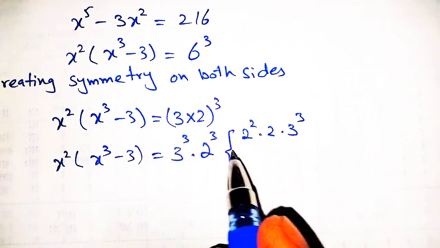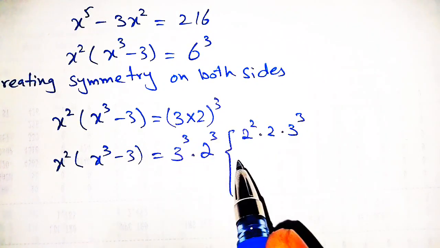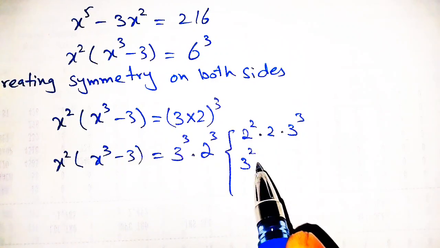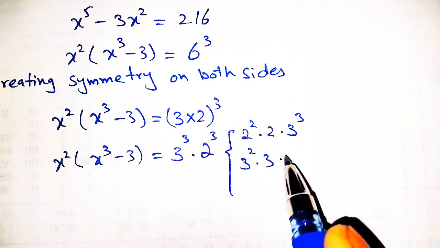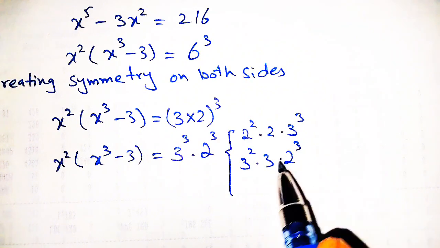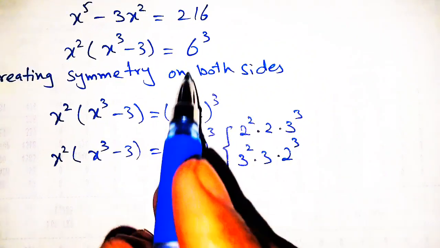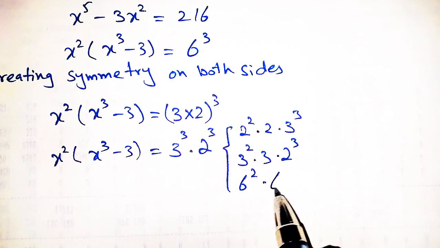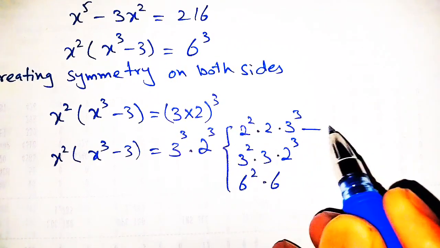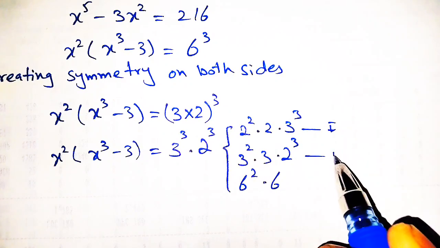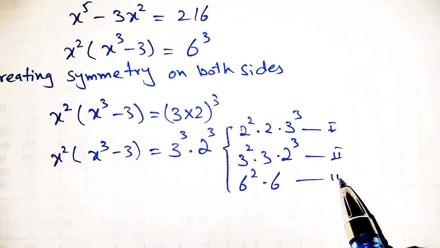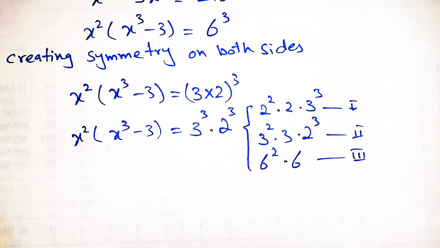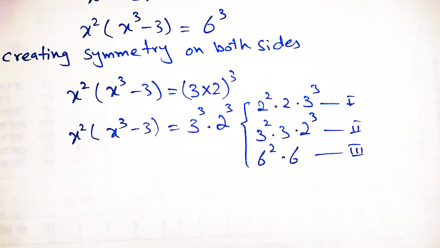Similarly, we can write it in another fashion as breaking 3 raised to power 3 as 3 square times 3 and this 2 raised to power 3, or we can write it again as 6 square times 6. So there are three cases, case 1, case 2 and case 3, and we will use these three cases to find the valid roots of this given equation.